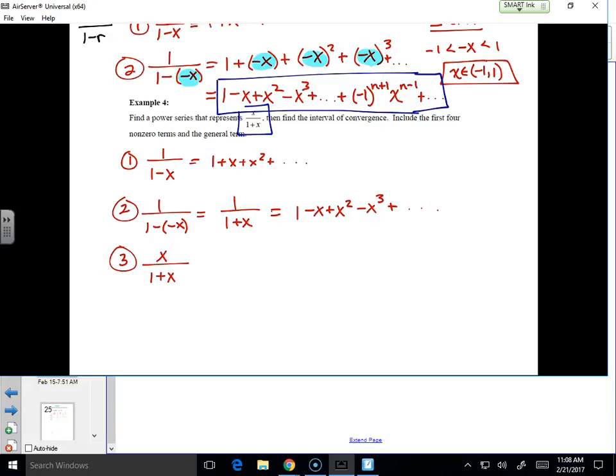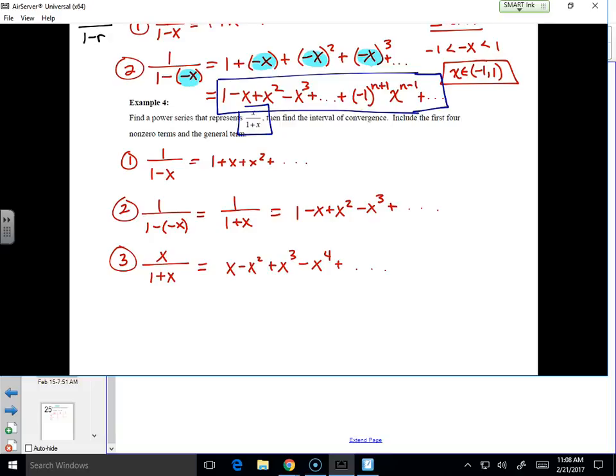Look at the polynomial. How do we go from here to here? Multiplied by x. So it's going to be x minus x squared plus x cubed minus x to the 4th.